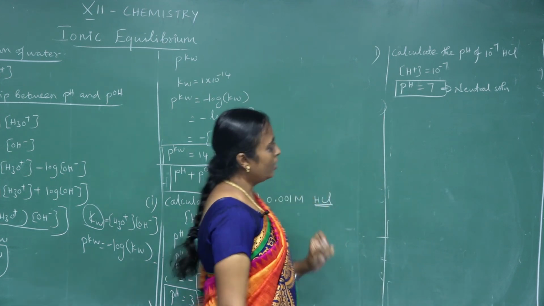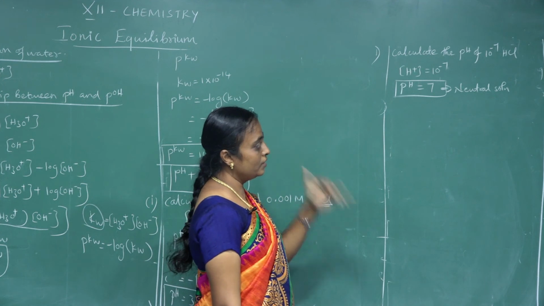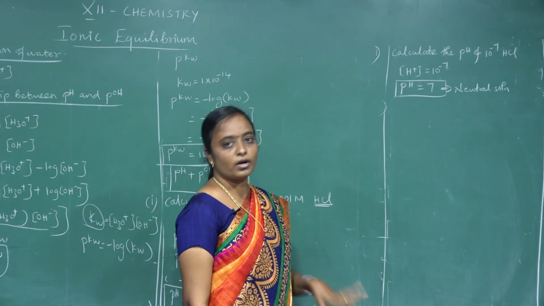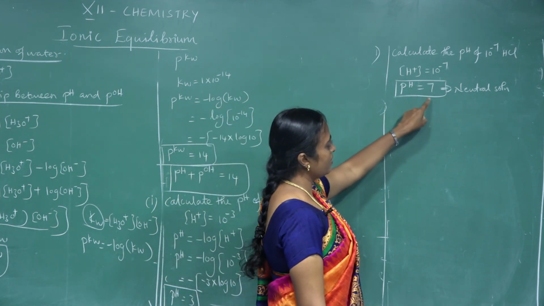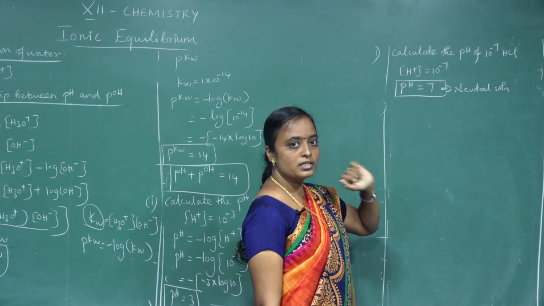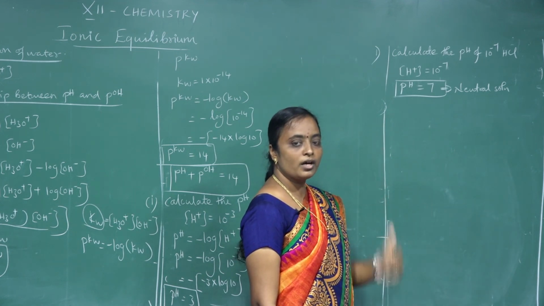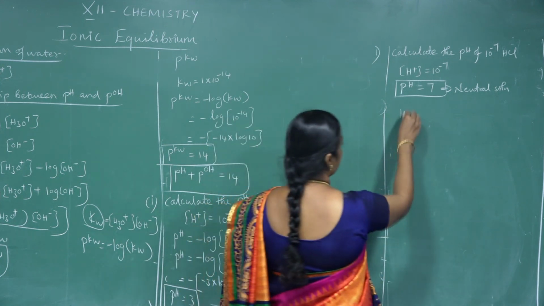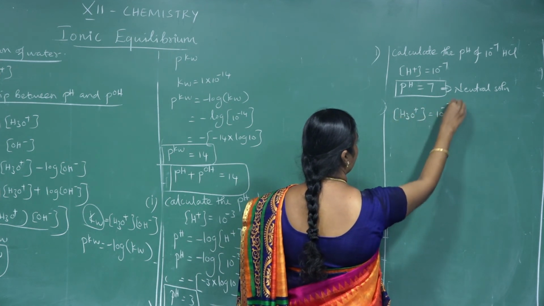Okay. So how can you get a neutral solution for an acid? It is not possible. So for this situation you have to account for the auto ionization of water also. So if you get the pH value equal to 7 for a given acid, you should include the concentration of hydronium ion from the auto ionization of water. So here the concentration of hydronium ion from water should be 10 power minus 7.